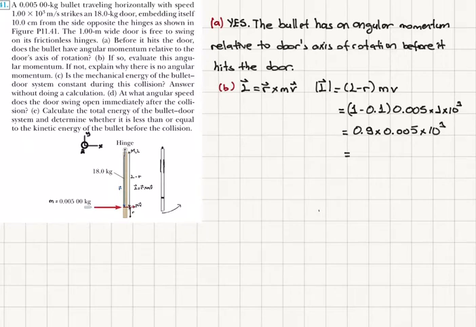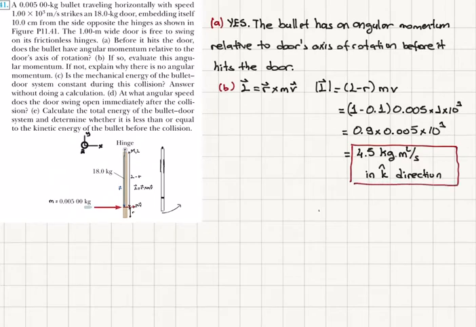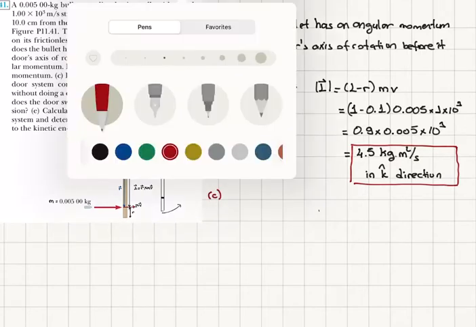So I'm going to get 0.9 times 0.005 times 10 to 3, which is 4.5 kilograms meters squared per second. And what is the direction? In k-hat direction. So this will be the angular momentum of the bullet just before it hits the door.